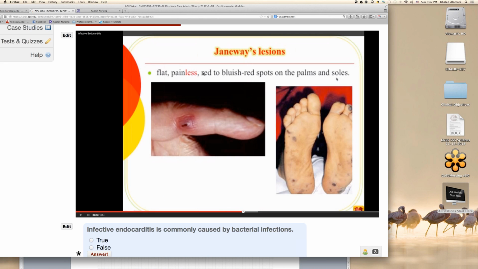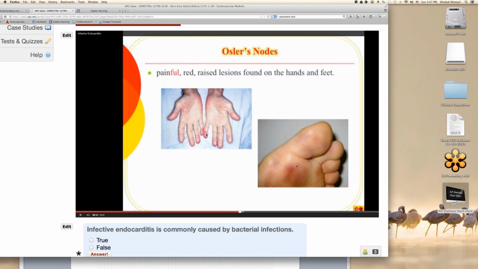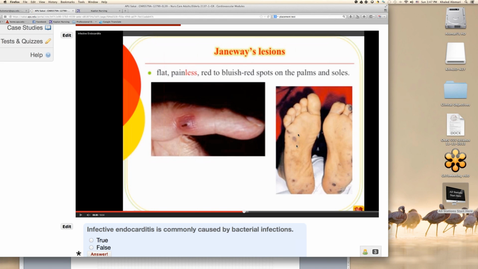That's one of the differences between them, because this one, Osler nodes, is really an immune reaction and affects the nerves. That's why it's painful, while the other type is more of a lesion, more of a skin or dermatology problem. But again, these symptoms you only see in endocarditis.